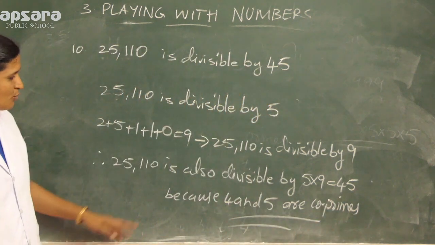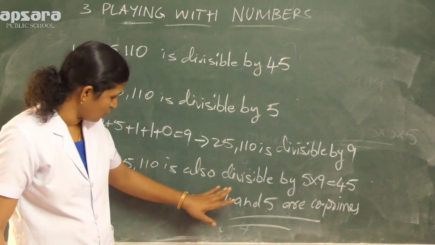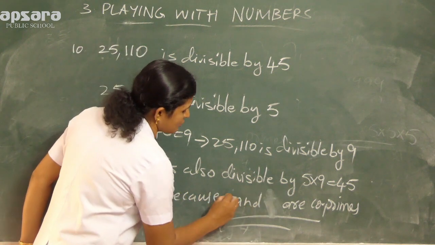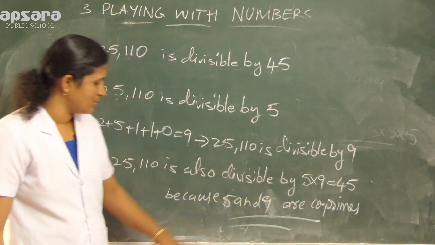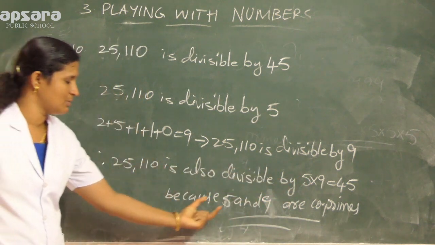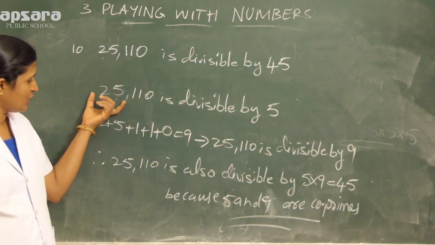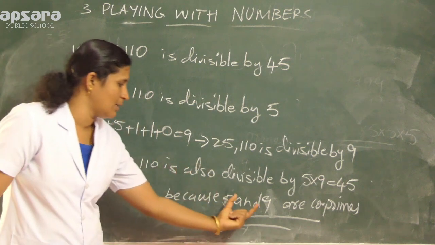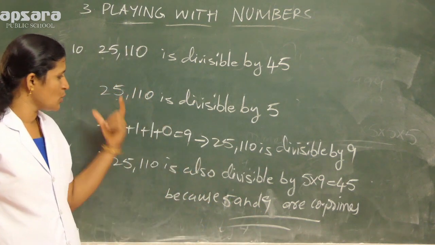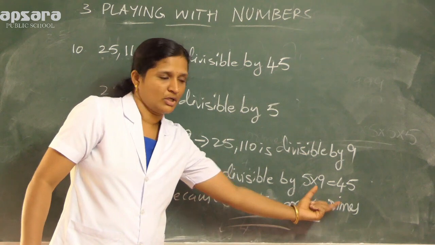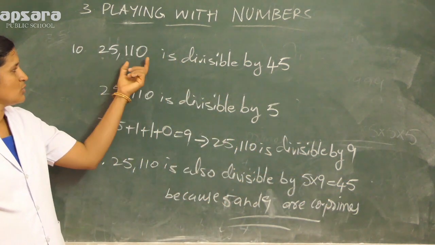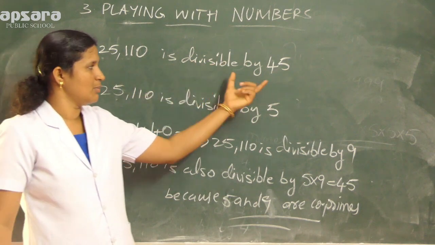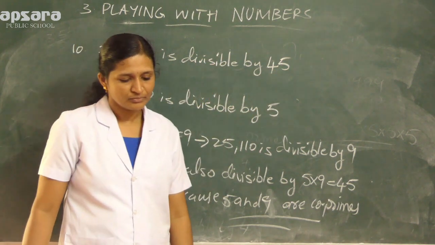Okay, children, 4 and 5 is not it. 5 and 9, right? 5 and 9 are co-primes, and the given number is divisible by the co-primes. And we studied that if the given number is divisible by co-primes, the number is also divisible by their product. What is 5 into 9? 45. So what is the answer? 25,110 is divisible by 45.